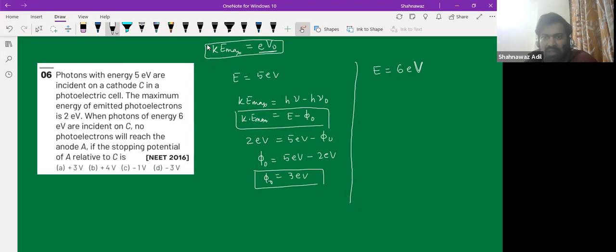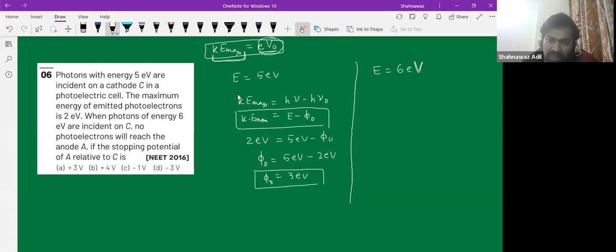So to calculate the stopping potential, we require the maximum kinetic energy with which the electron is emitted. That is the thing that we have to calculate.